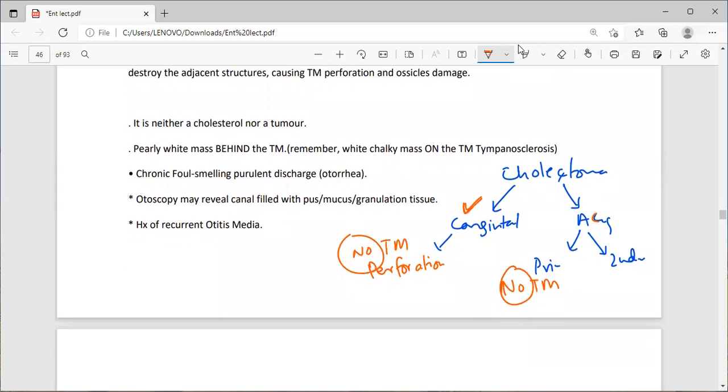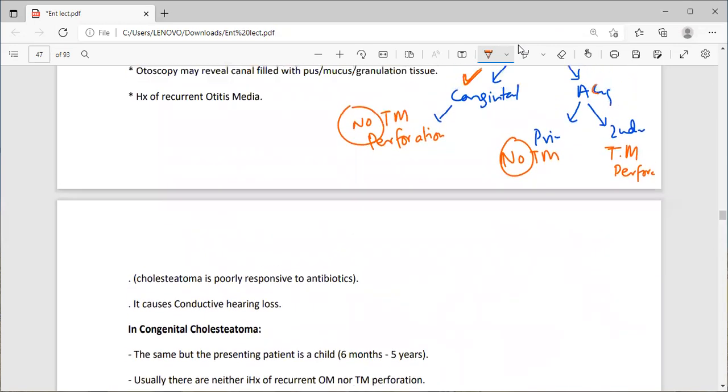And what about the acquired one? Acquired secondary: the secondary one is when you have tympanic membrane perforation. Now, let me briefly tell you about the primary. This is the middle ear, this is the inner ear, and this is the outer ear.